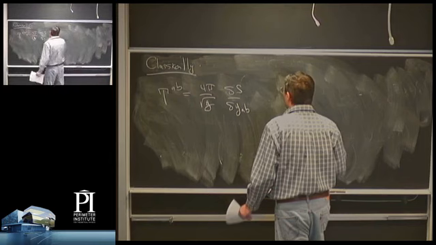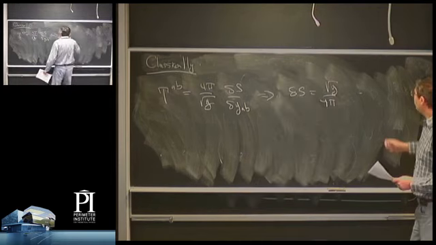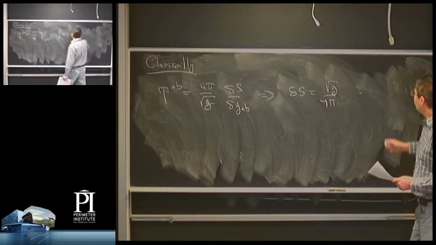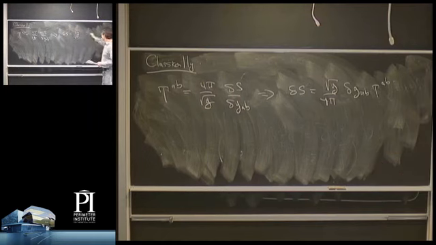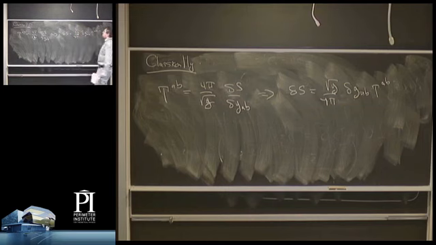And so in particular, this tells us how our action varies when we vary the metric. And so delta S equals root g over 4 pi, and then I have delta g^{ab}, T_{ab}.